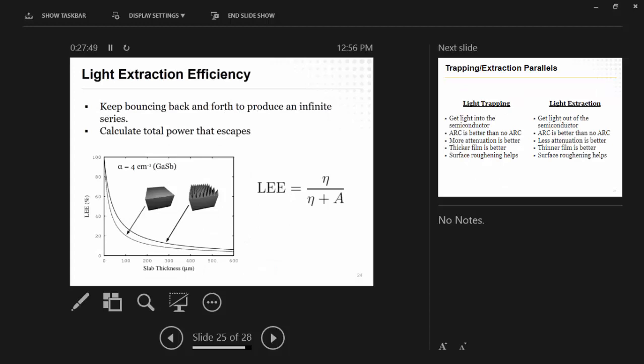So what you're seeing here are curves for gallium antimonide, which is a semiconductor we use to make infrared LEDs. And what you're seeing is light extraction efficiency as a function of the thickness of my slab. I start with some given attenuation coefficient, and as I get thinner and thinner, my light extraction efficiency eventually approaches 100. So ideally, you can see I want infinitely small thickness.